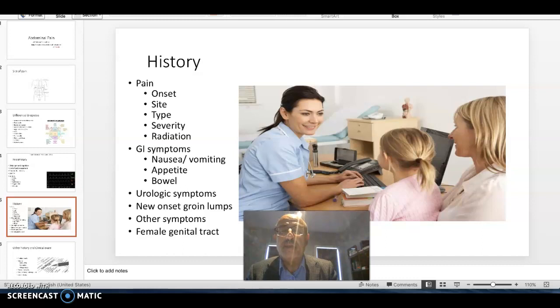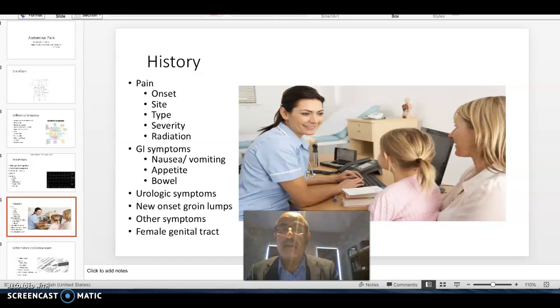Severity of the pain: give them a scale of 1 to 10 and ask them how bad it is on that scale. Now, this is very subjective and you get different answers from different patients, but we have to take it at face value, document it, and treat it as the patient says.